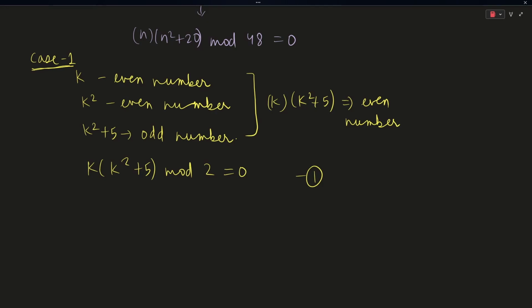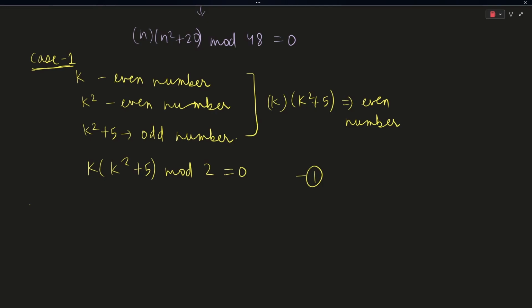Now if we are able to prove that k into k square plus 5 mod 3 is also equal to 0, then we can say that the whole number is divisible by 6, as the number is divisible by 2 and by 3. So the whole number k into k square plus 5 is divisible by 6, right?